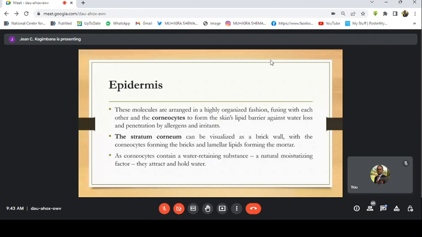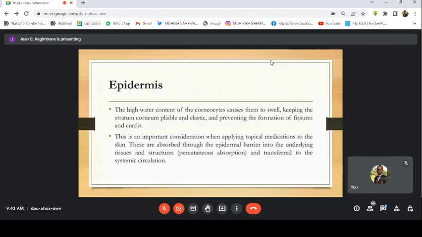Then irritants and allergens, those cause the eczema to occur, then they penetrate and you have recurrent flare-ups of the skin with eczema.